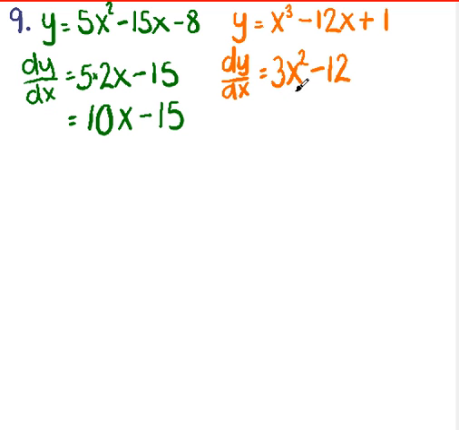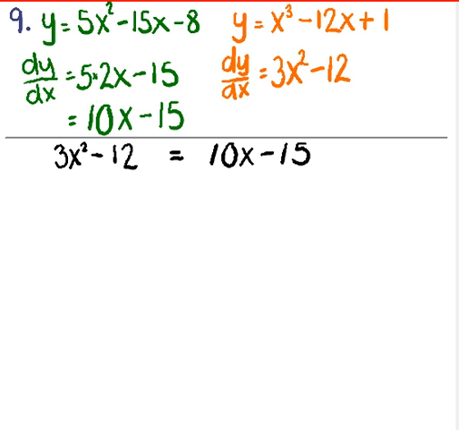So what we want to do is make these two expressions for the gradient equal to each other so that we can solve for x. So making both expressions equal to each other, this is the one for the orange line and this is the one for the green line. What we want to do now is collect everything onto the left hand side.